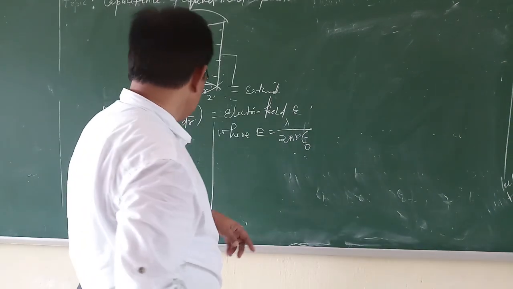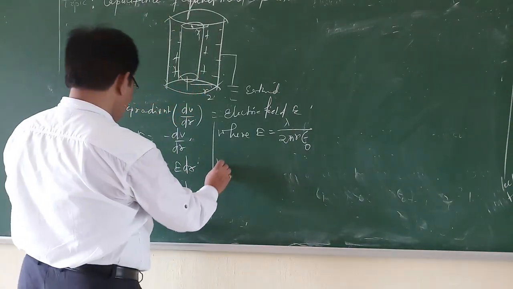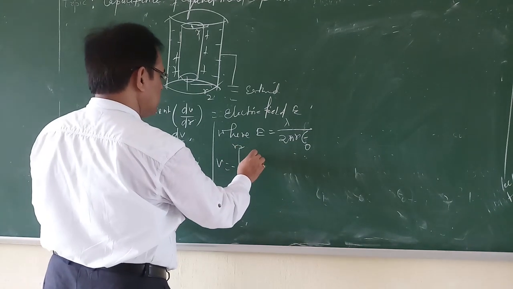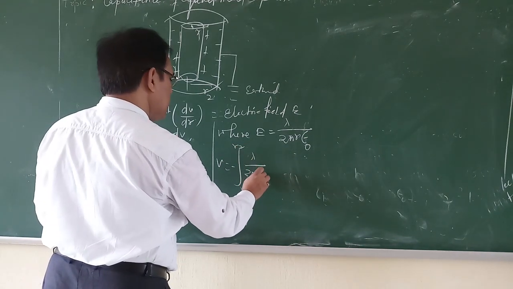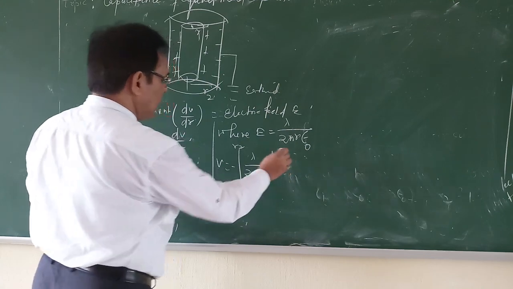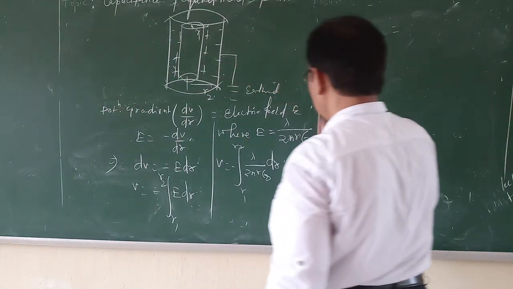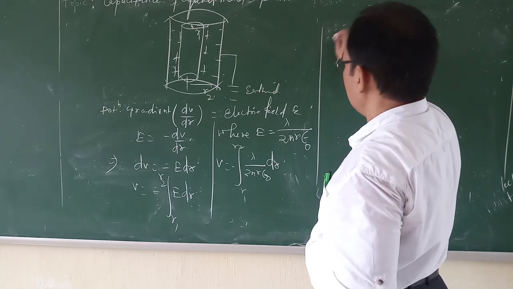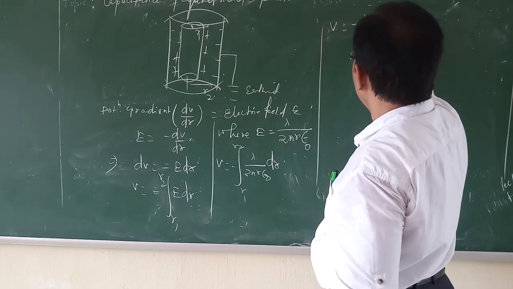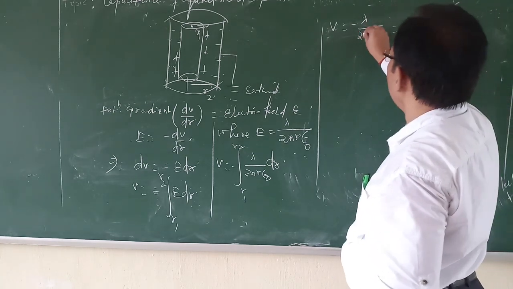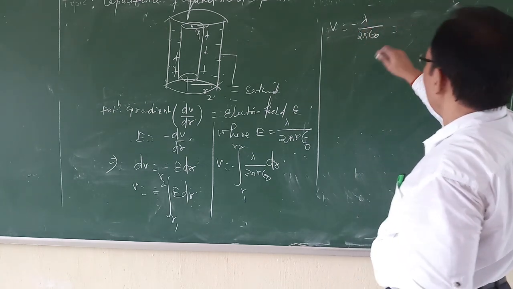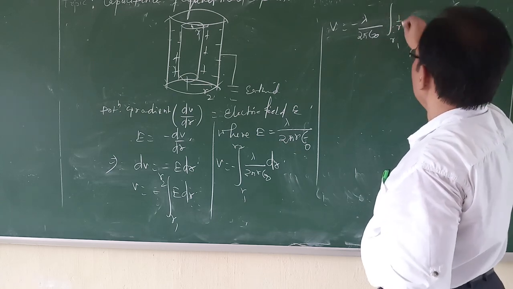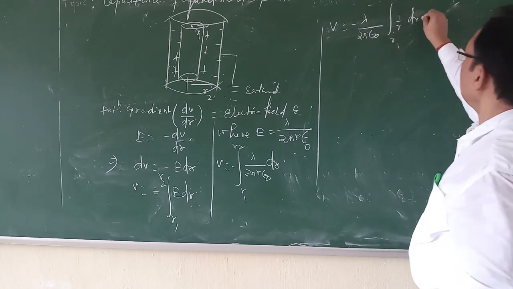So use this formula here, that V equal to minus integral from R1 to R2 of lambda by 2 pi r epsilon naught dr. So integrating, V equal to minus lambda by 2 pi epsilon naught times integration of 1 by r dr from r1 to r2.